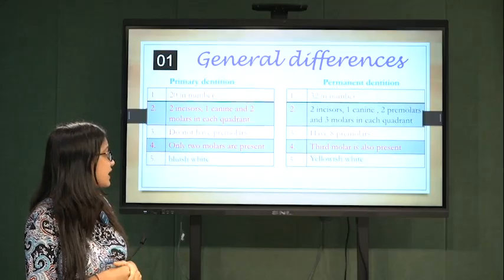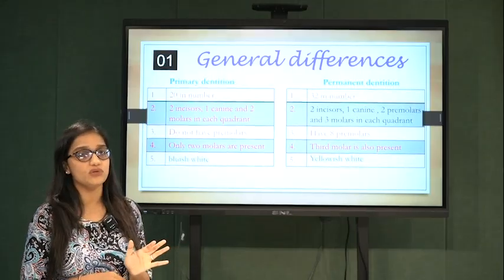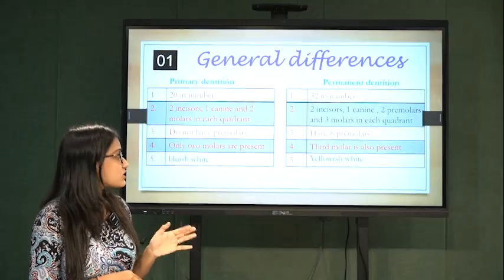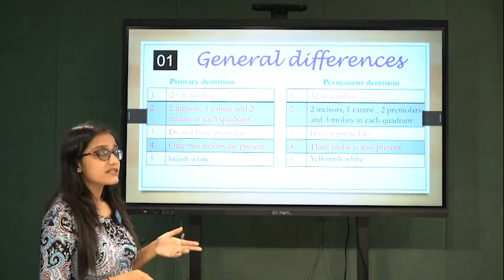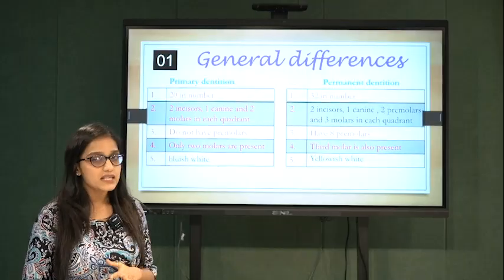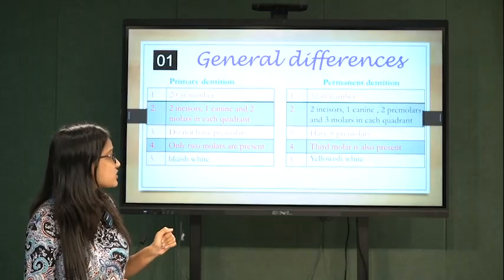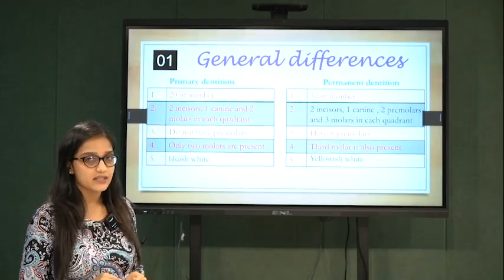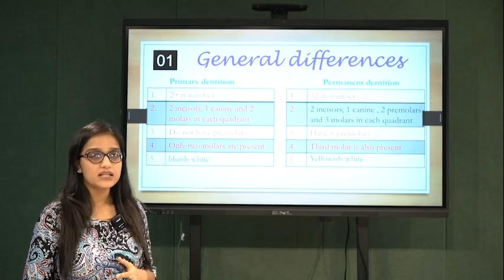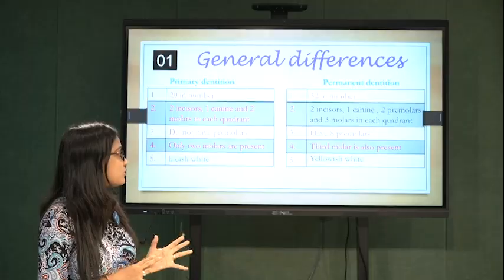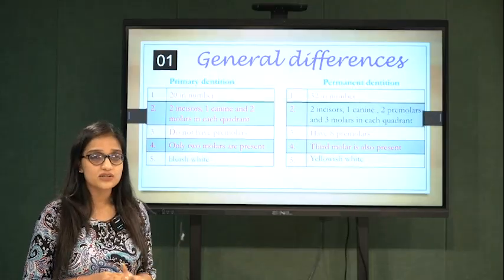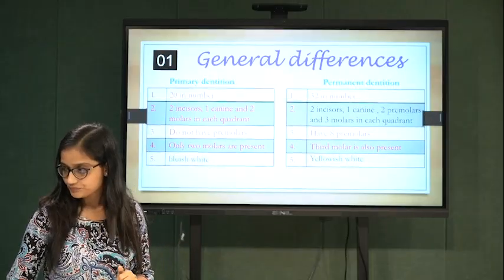In primary dentition we do not have any premolars, and in permanent dentition we have 8 premolars. Only 2 molars are present in primary dentition, that is the deciduous first and second molar. In the permanent dentition, the third molar is also present, that is the first, second and third permanent molar. Primary dentition is bluish white in color and permanent dentition is yellowish white in color.